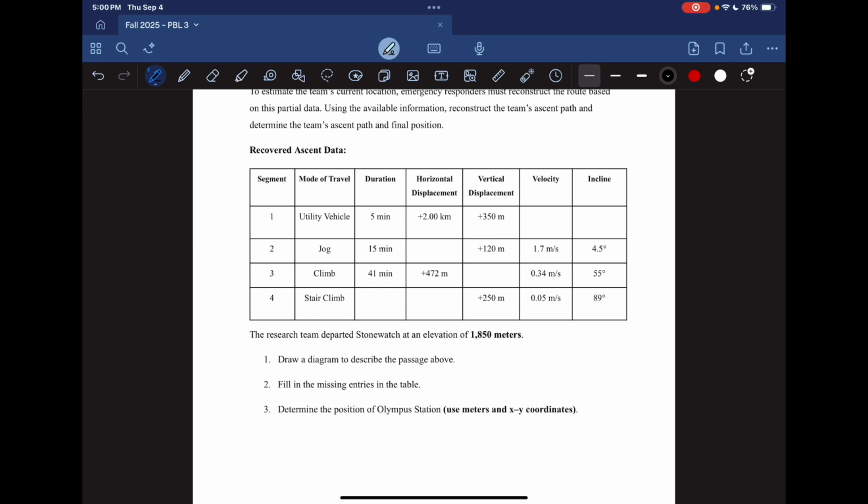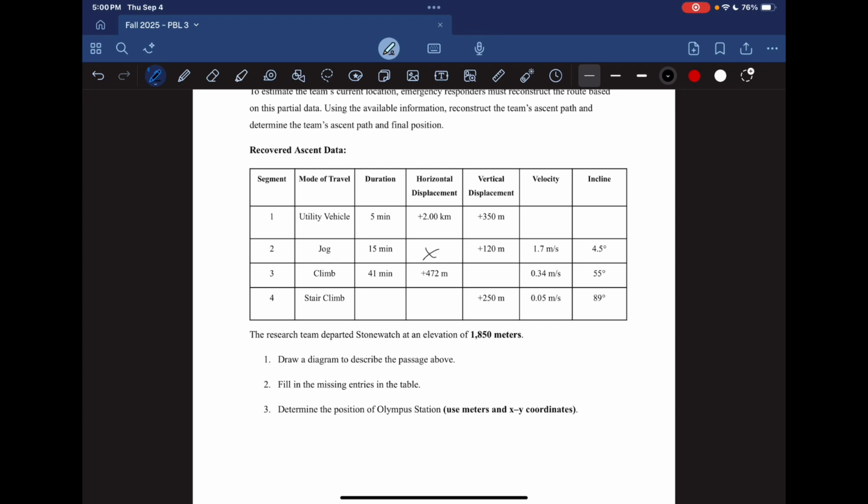What this table is trying to tell us is that we have a lot of information about each segment of the journey, and it wants us to use the information we have to fill out the remaining pieces.